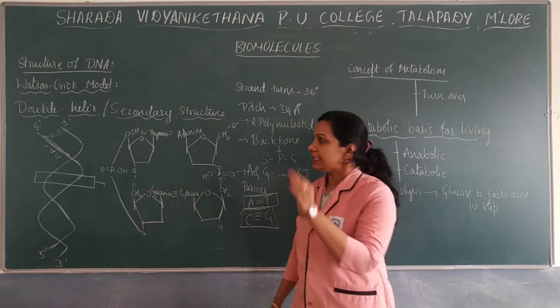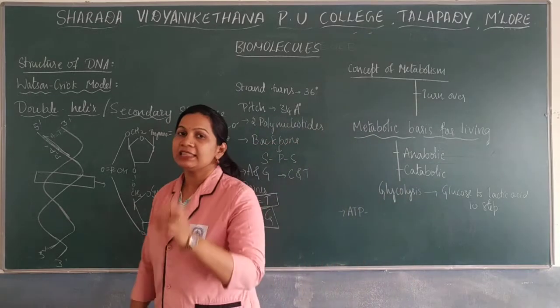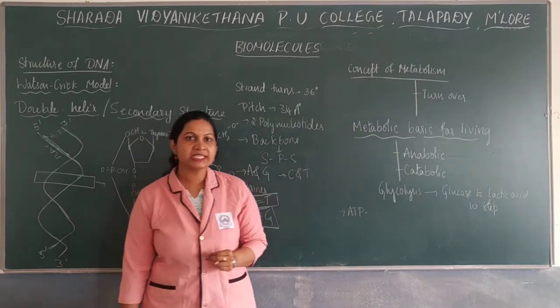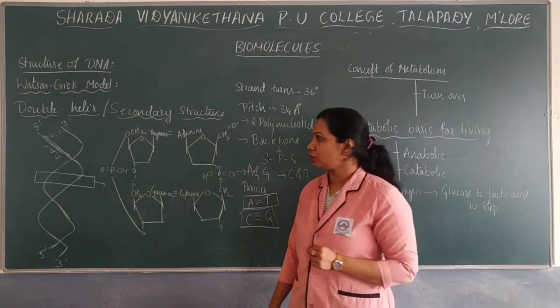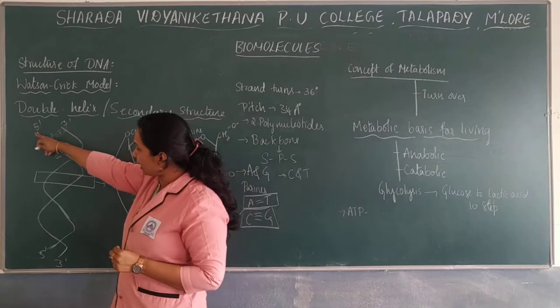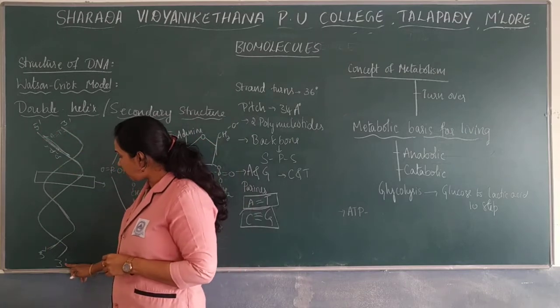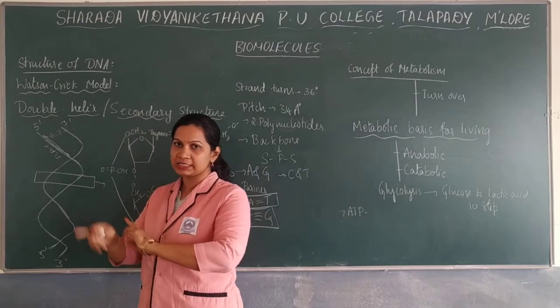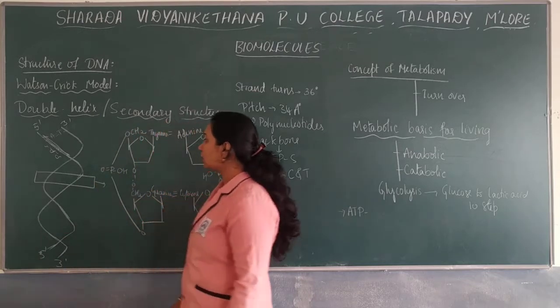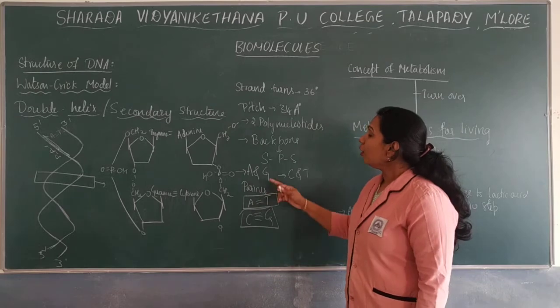So in the structure of DNA there are 2 polynucleotides. These 2 polynucleotides run anti-parallel to each other, so it is 5' to 3' here and 3' to 5' there.